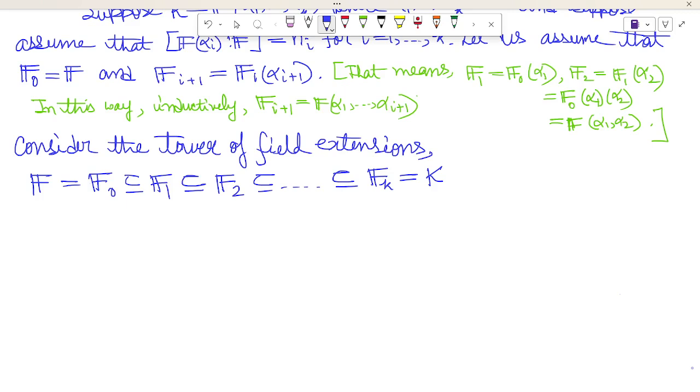Now consider, now take any middle thing. Take F i plus 1 over F i. That extension.